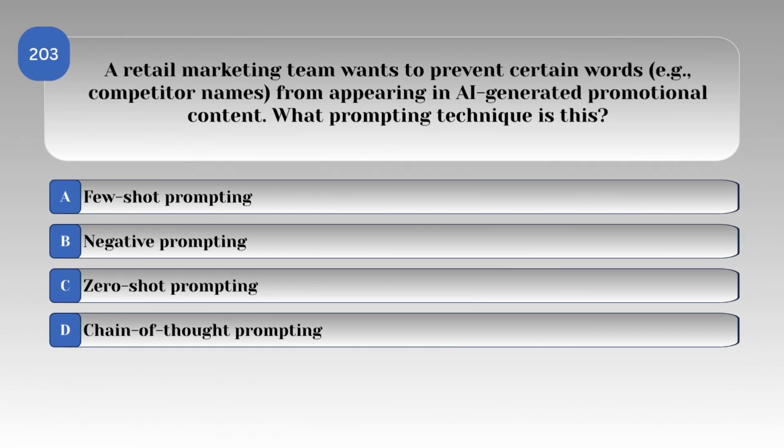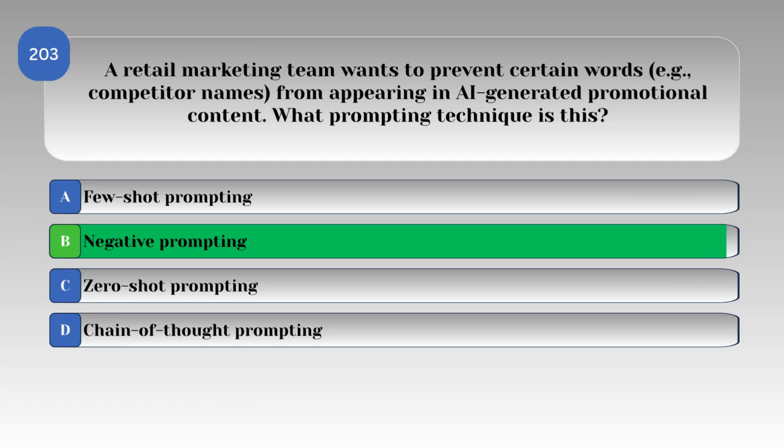A retail marketing team wants to prevent certain words like competitor names from appearing in AI-generated promotional content. What prompting technique is this? Correct answer: negative prompting.